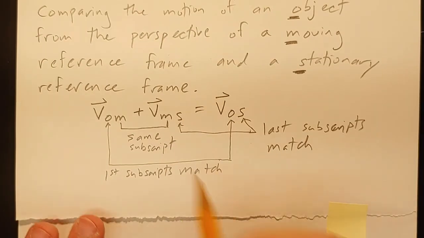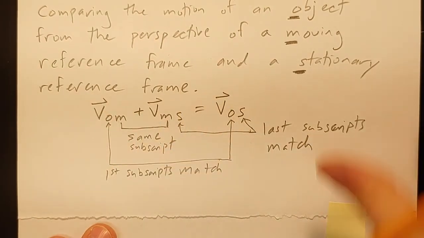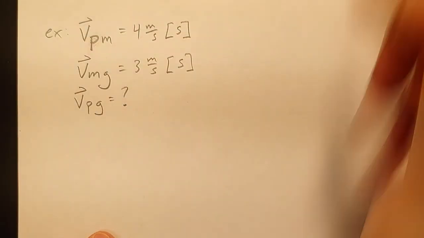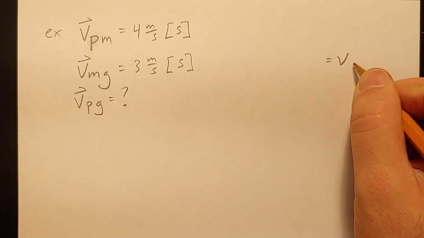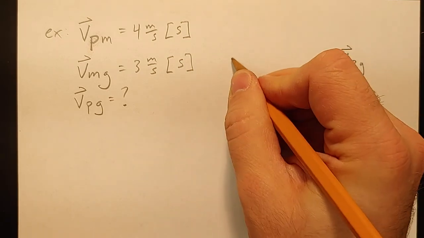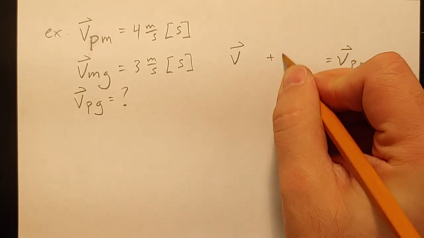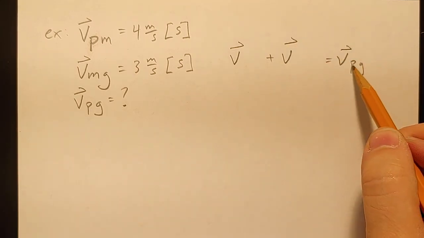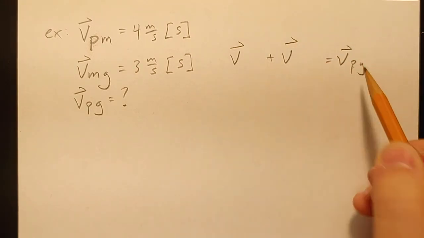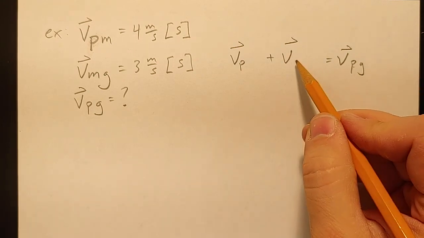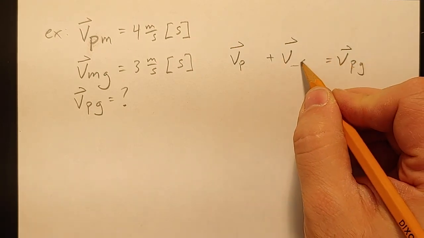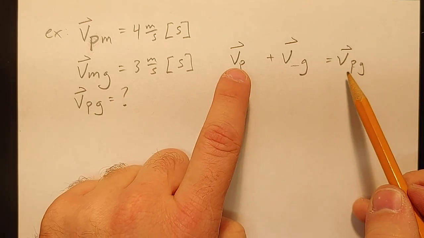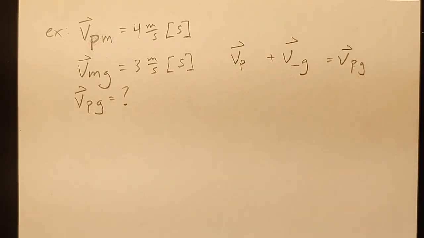Well, we can write an equation using our subscript rules. We have to make sure that our resultant, if we're trying to get VPG, means that when we add our two velocities together, the first subscript in our chain has to be P, and the last subscript, so not this one, but the second one, has to be G, because the very first subscript and the very last subscript have to match.